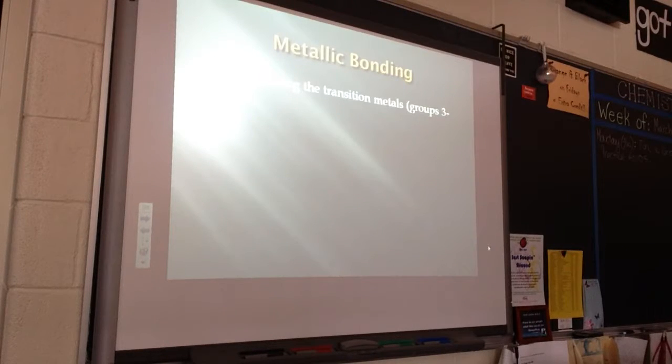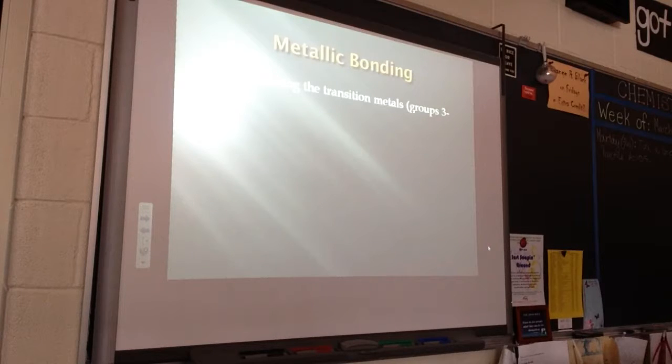Okay, all right, here we go. So metallic bonding. When we talk about metallic bonding, we're really talking about the chemistry that the metals do together. If I have a metal, which is a cation, going together with an anion, that's left plus right.